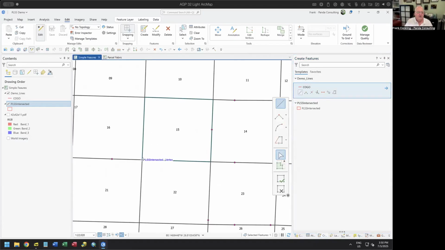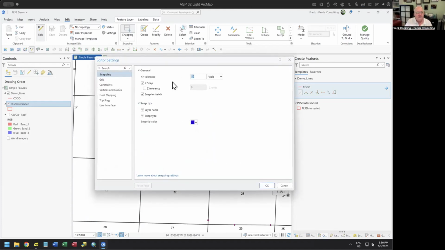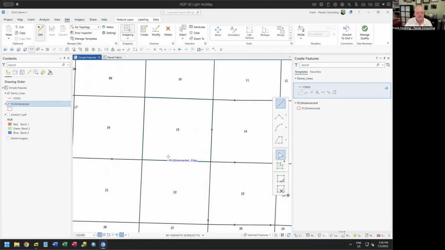Now let's make sure of my snapping. Let's open this up. I want to snap and make sure that I'm snapping to most of these, but also remember that this little triangle is a midpoint snap, and that might be helpful to me. I also want to make sure my settings, I'm going to do at least 25 pixels here so I can snap a little bit closer. So I'm going to put a line from here to here, and then a line to here.